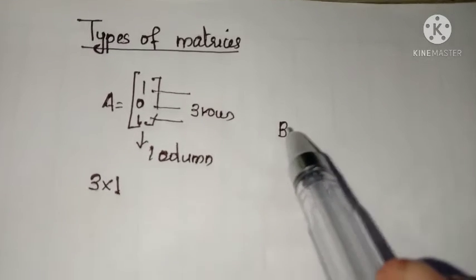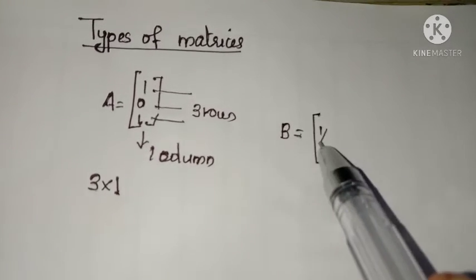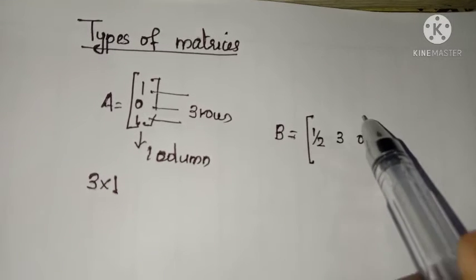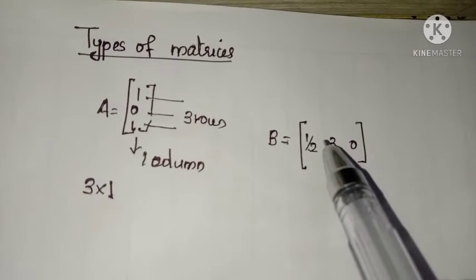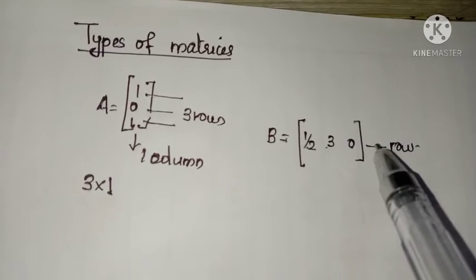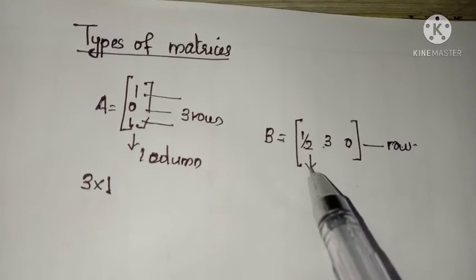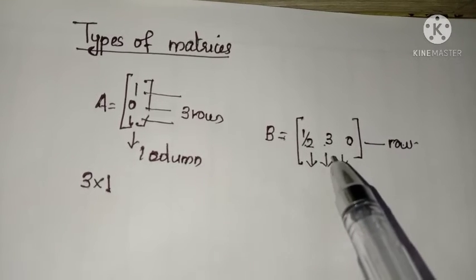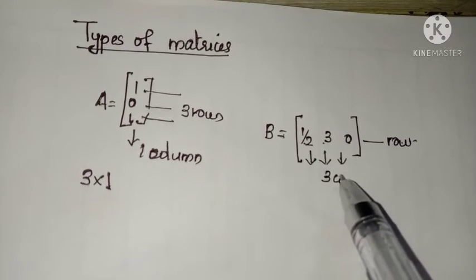Listen, another matrix B is equal to the matrix 1, 2, 3, 0 written in a single row. There is only 1 row. How many columns are here? 1, 2, 3. 3 columns.